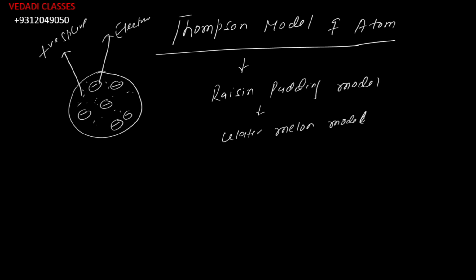But there were some limitations of the J.J. Thomson model. It couldn't give a satisfactory explanation of the scattering experiment. That's why Rutherford rejected it in 1911. So now we will discuss the Rutherford atomic model. So what was the limitation?